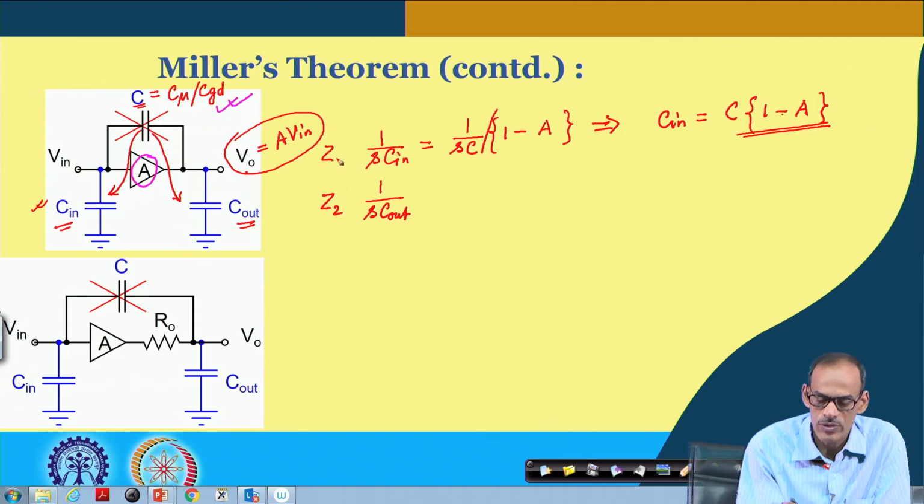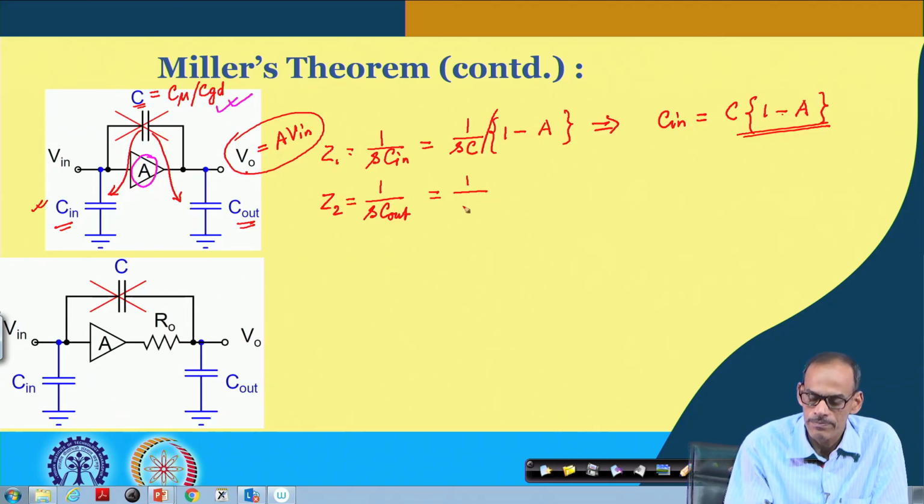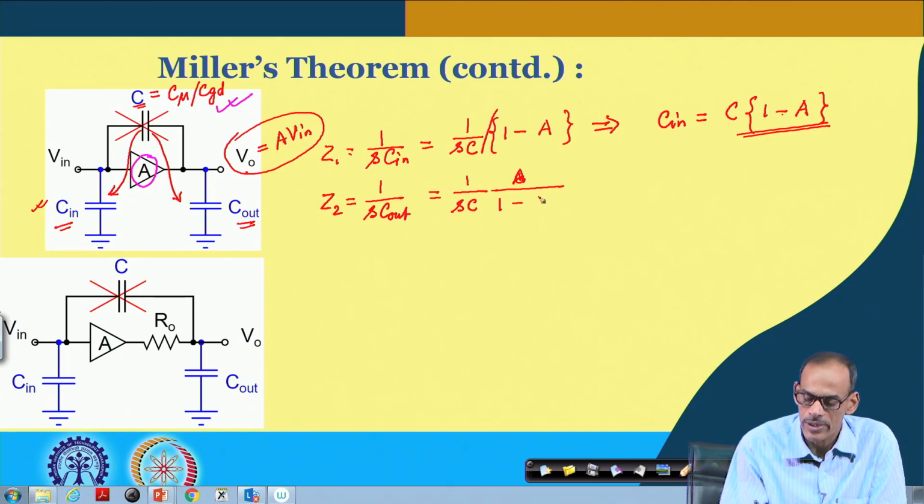So, this was Z1, this is Z2. This is equal to 1 by S into C multiplied by 1 minus 1 by A, right.